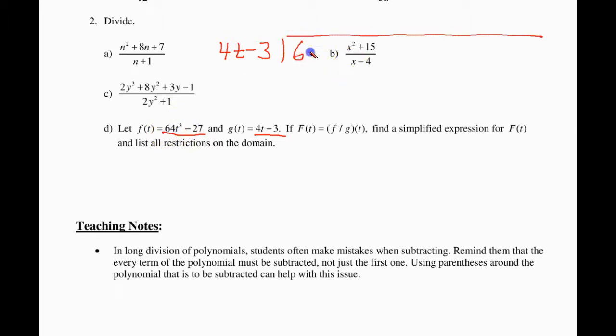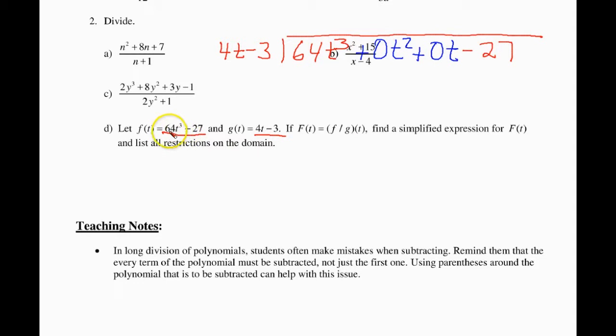There's 64t cubed. There is no 0t squared. There is no 0t. We're putting in place holders or space holders. And then we have a negative 27.